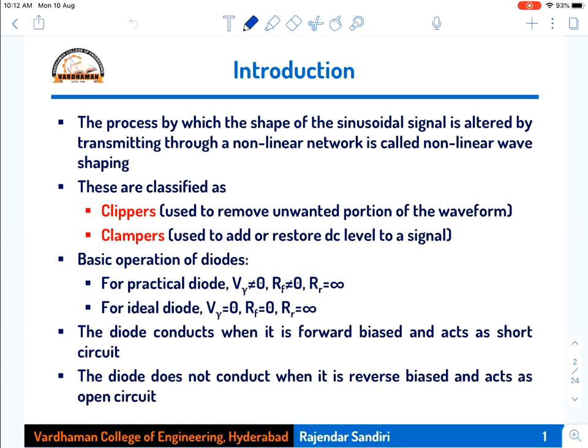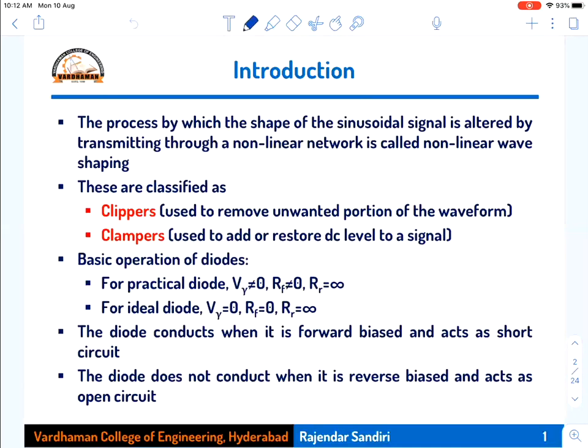It may start at a positive value of the voltage or at a negative value of the voltage, depending upon whether you are adding positive DC or negative DC. The waveform shifts either in the positive Y direction or in the negative Y direction. But an AC signal has its swing across the zero level on the x-axis. So that is what a clamper is.